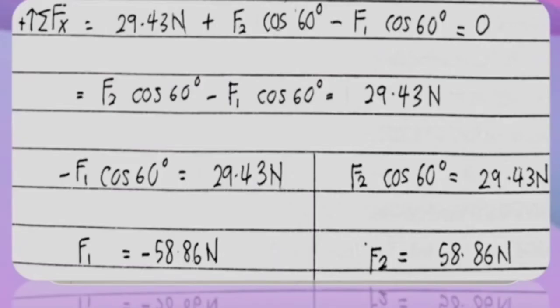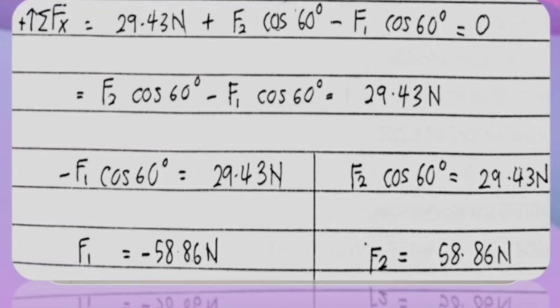For the calculation, Fx equals 29.43 Newton plus F2 cos 60 degree minus F1 cos 60 degree equals 0. Then we can arrange the equation and get F2 cos 60 degree minus F1 cos 60 degree equals 29.43 Newton.